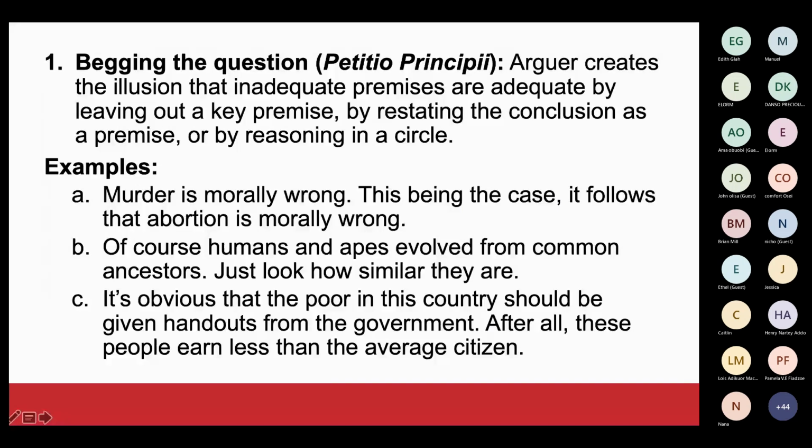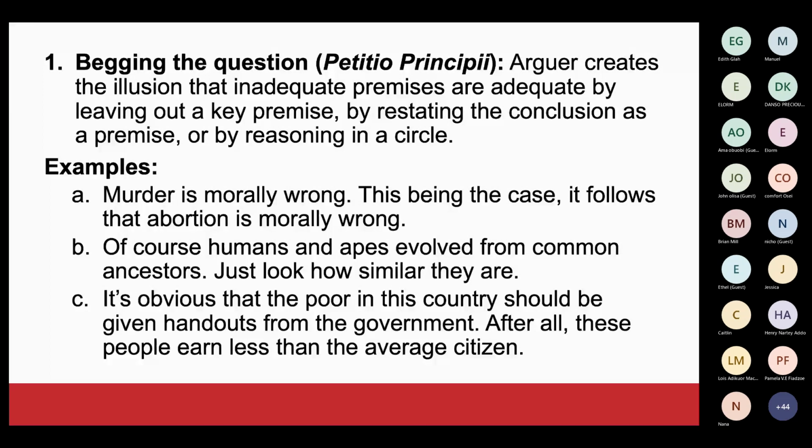In the first condition, the arguer is creating an illusion that inadequate premises are adequate by leaving out a key premise and then giving us a conclusion. So he gives us a premise, then on the basis of what a conclusion should be drawn, he doesn't bring that premise. He leaves it out.